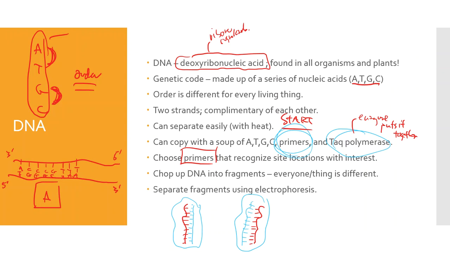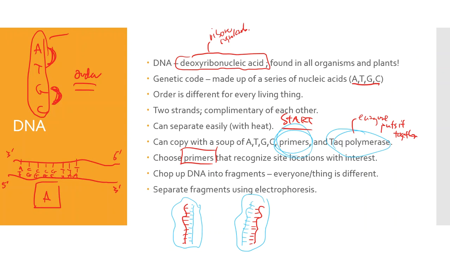So there's different primers that are made, and they are specifically chosen and picked to go to the areas that will be closest to the gene that you would like to take a more interest in, or that you would like to maybe modify, either splice in or splice out. So tons of different primers are out there. There's actually a database of primers now that you can go in, tell it kind of what you're looking for, and it will give you the best primers for you to choose for the research that you're doing.